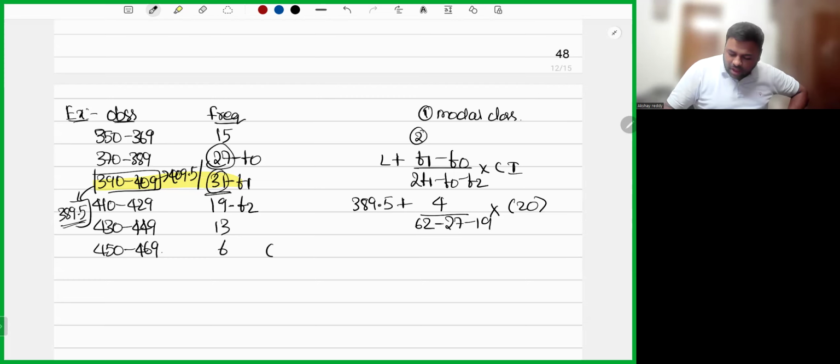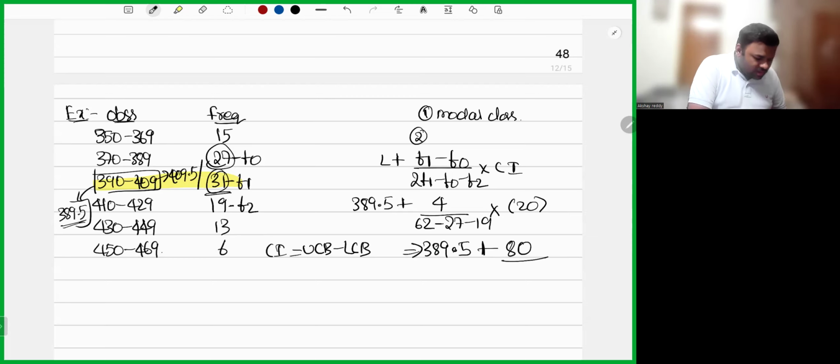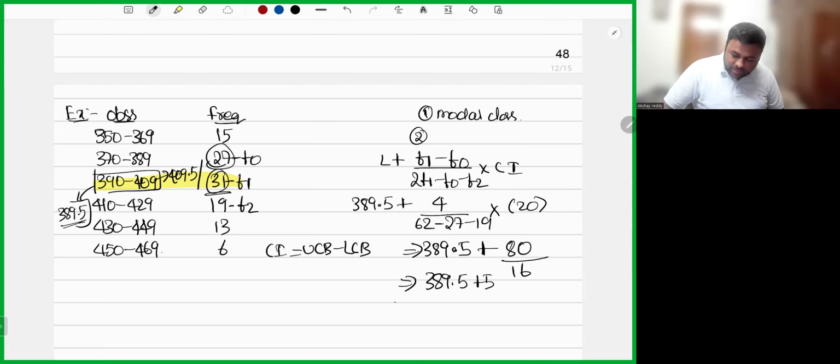Upper class boundary minus lower class boundary. So 389.5 plus 4 into 20 is 80, divided by 62 minus 27 minus 19, which is 16. So 80 divided by 16 is 5. So 389.5 plus 5 is 394.5.